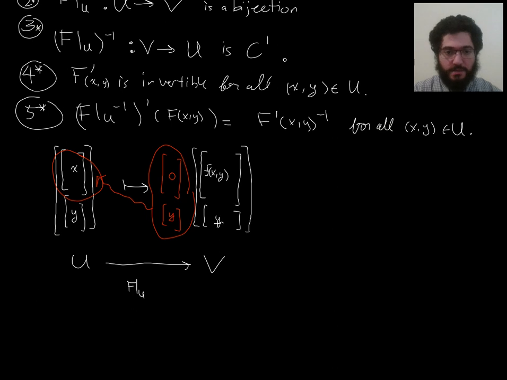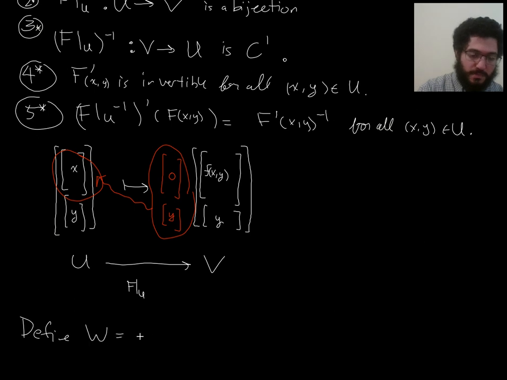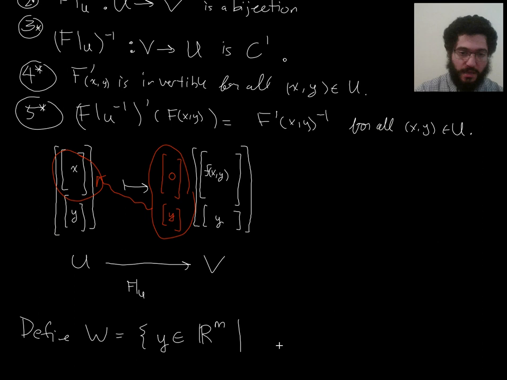It's going to be the set of y's that I can apply this inverted f to. So W is going to be the set of y's in our M such that, so which y's can I apply the inverse of this function to?